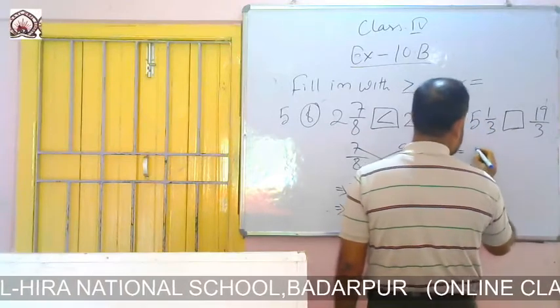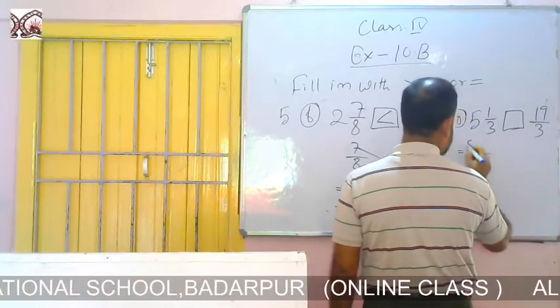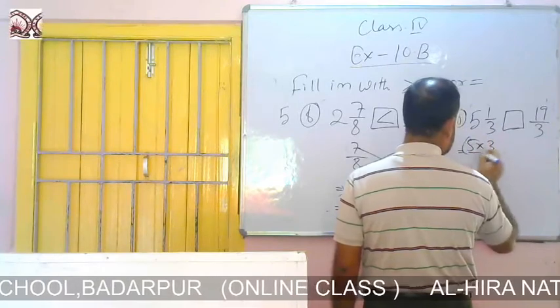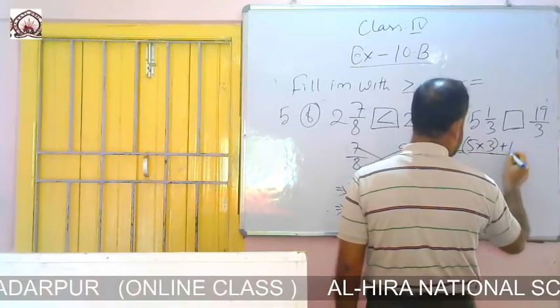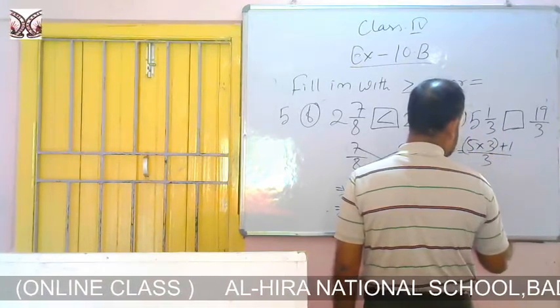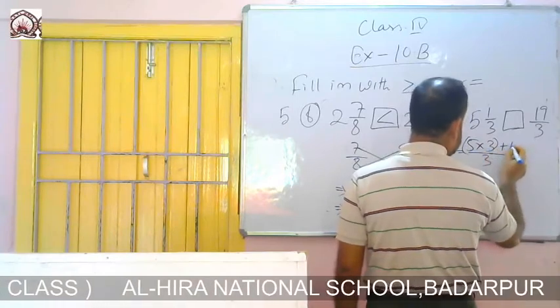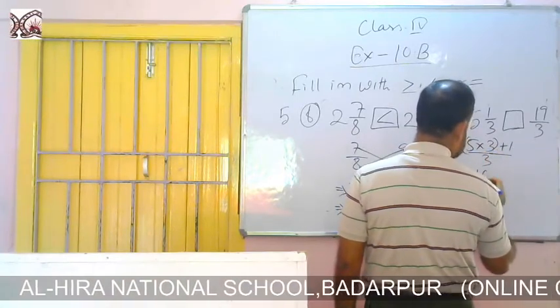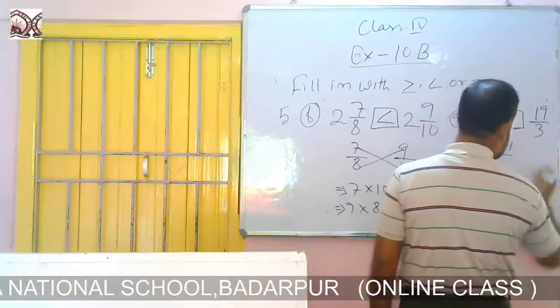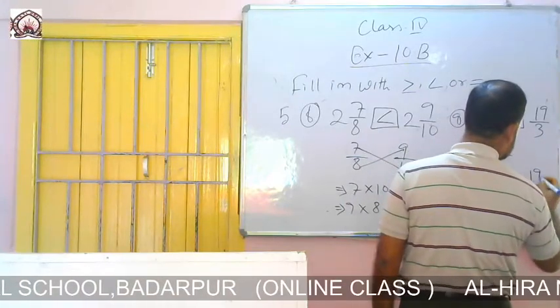So 5 into 3 plus 1 by 3. 5 3s are 15 plus 1, 16. 16 by 3 and here 19 by 3.